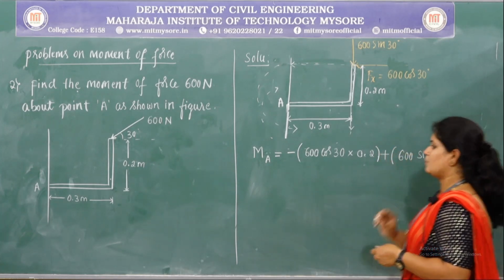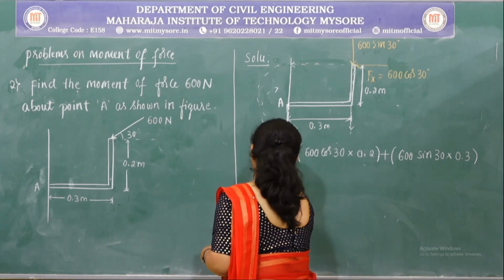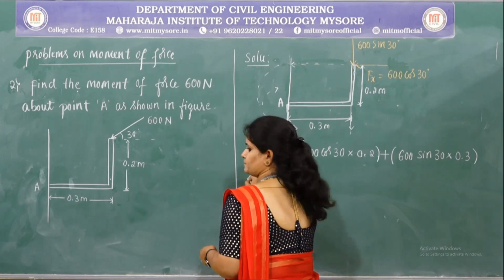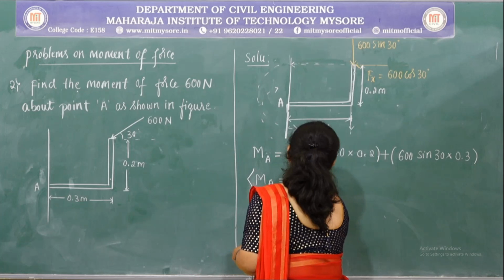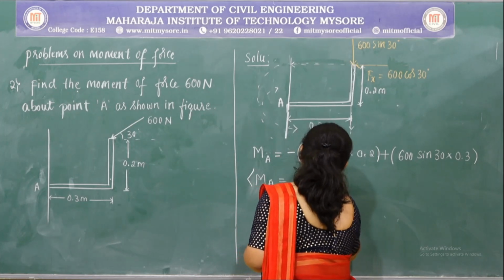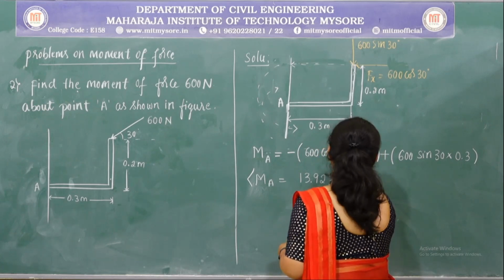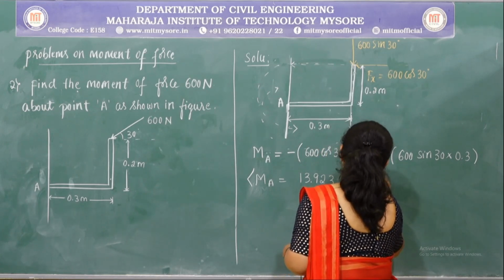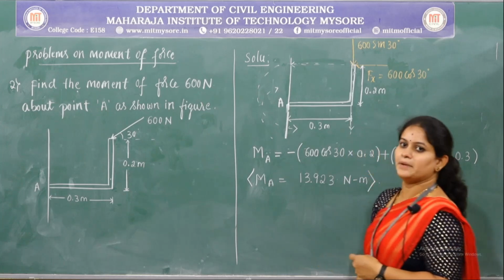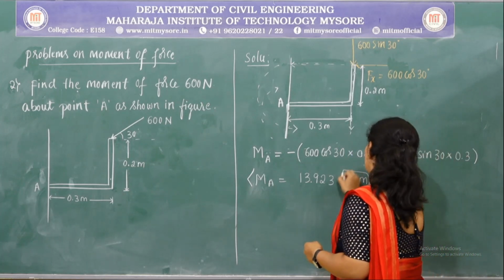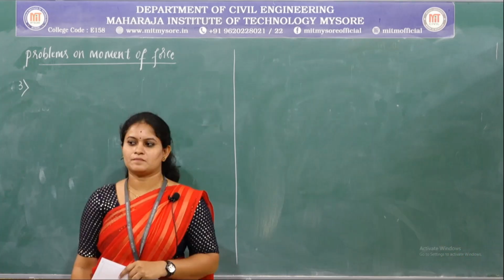So hence it is positive. So the value becomes 13.923. The force is given in Newton and the distance is in meter. So the unit becomes Newton meter.